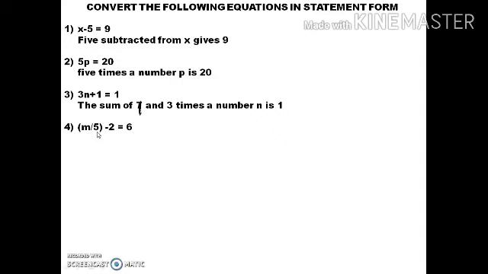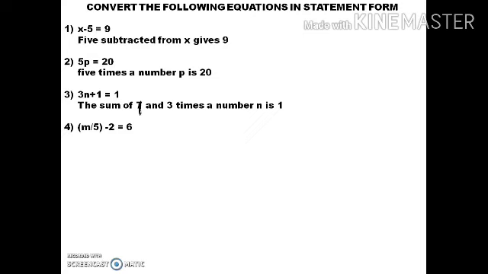Yesterday, how did you convert a statement to an equation for m by 5? Do you remember that? 1/5 of a number m. That is what we converted into m by 5. Once again, 1/5 of a number m, that we wrote as m by 5.